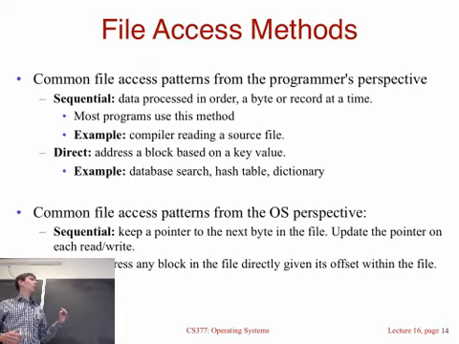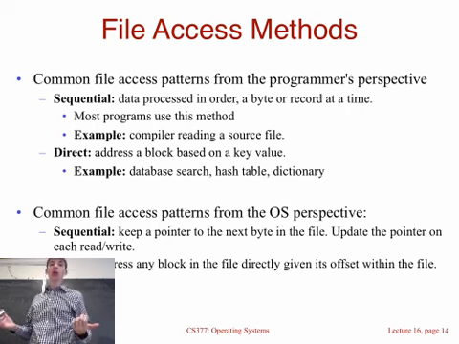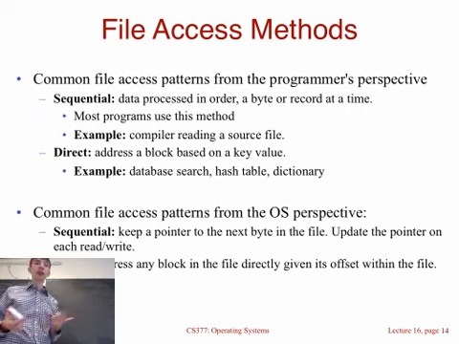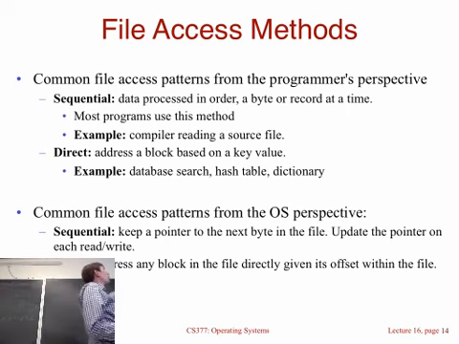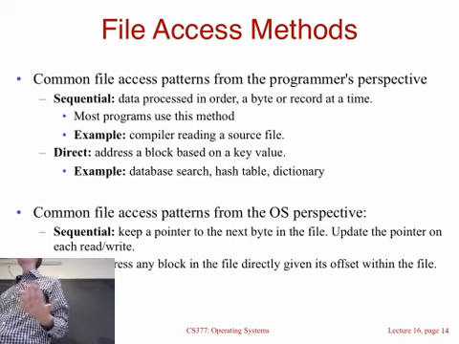We already talked a little bit about this, but essentially the two main ways that we can access a file are sequential access and direct access. Sequential access is when we are processing data in order, one byte at a time. Most programs access data sequentially.